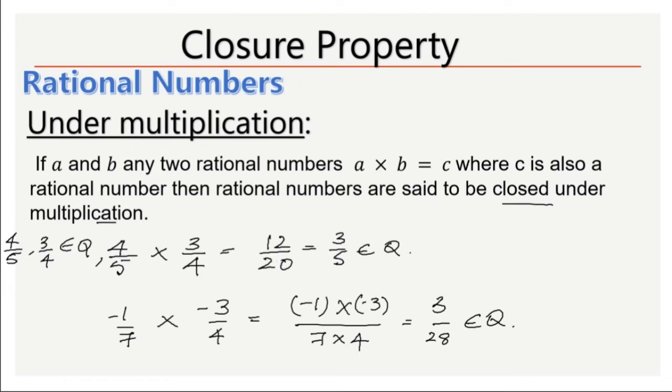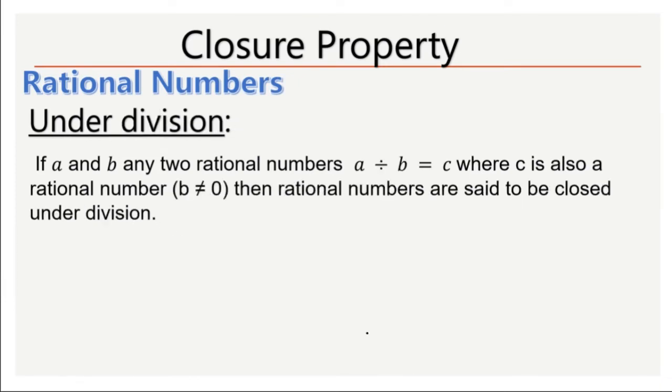Let's have a look at division. Suppose I consider any two rational numbers, their quotient is also a rational number, provided the second rational number should not be equal to 0. The reason being, division by 0 is not defined.